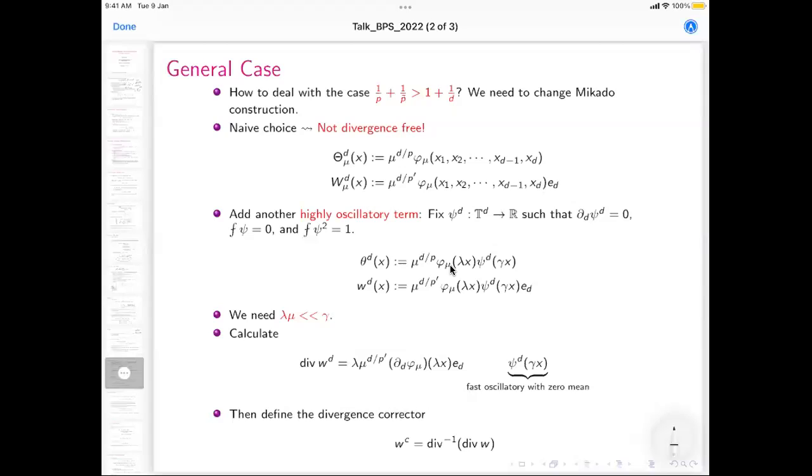So I take psi, which depends on x1, x2, up to x d minus 1, and it has mean 0 and its square has mean 1. I choose my gamma very fast, much faster than lambda. Why? Because in comparison, the old guys are oscillating slowly compared to this one. So I can play my divergence free trick again here.